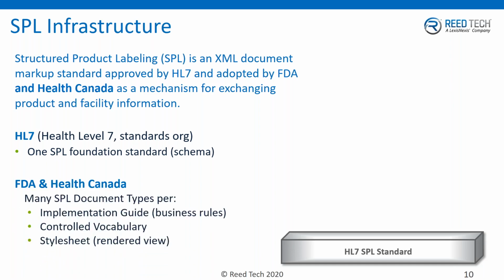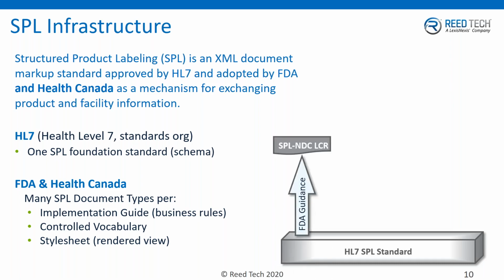By way of example, we'll take a look at some of the types of documents that Health Canada is using it for, and FDA, we'll take a look at those. But with a particular set of implementation guides and controlled vocabulary and the style sheet that I mentioned earlier, you can use the basic foundation and create various types of documents.